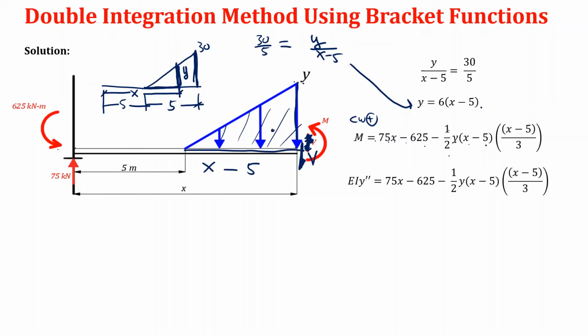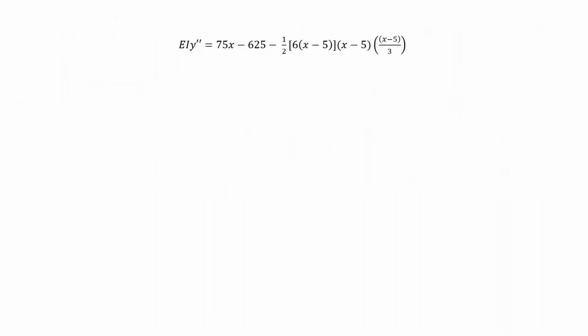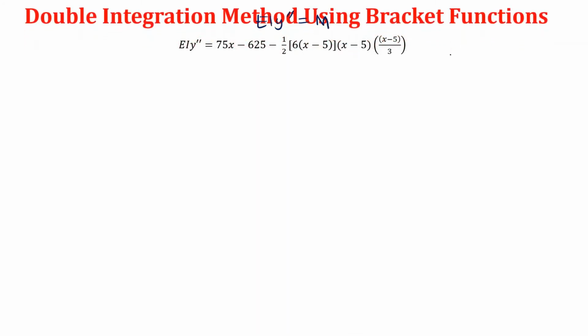The centroid, toward the cut, is 1/3 of x minus 5. Y cannot remain as a variable, but it was already expressed in terms of x, so you can substitute. So, EI y double prime is equal to M, with y substituted, in terms of x. So, integrate.